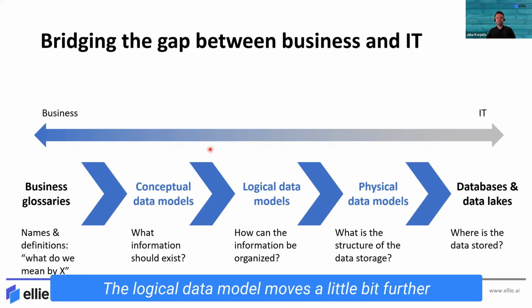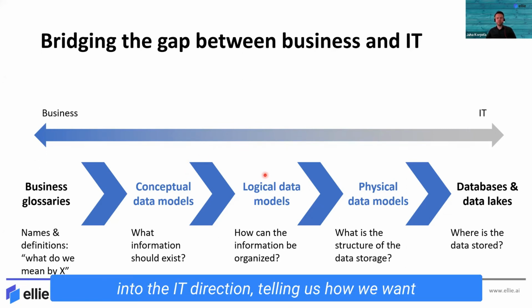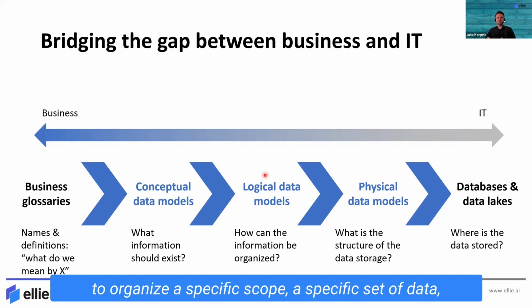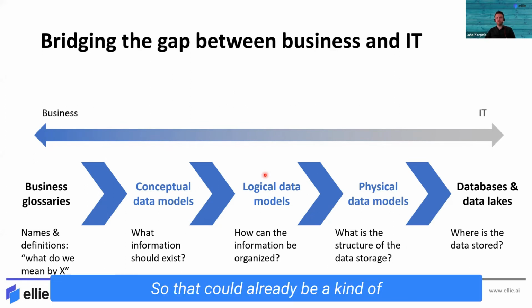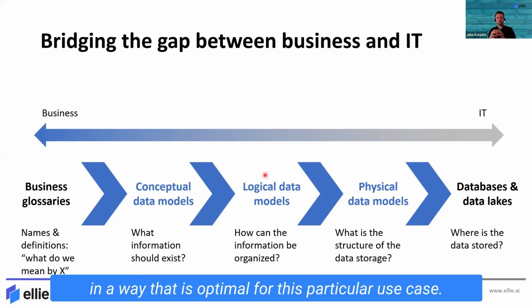The logical data model moves a little bit further into the IT direction, telling us how we want to organize a specific set of data in order to serve a specific use case. So that could already be a mini scope from the slice of reality: we want to take that part of it and model it in a way that is optimal for this particular use case.